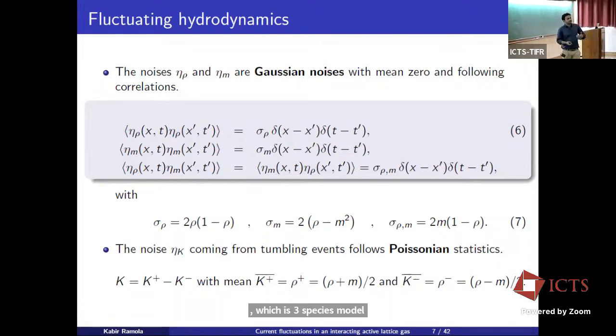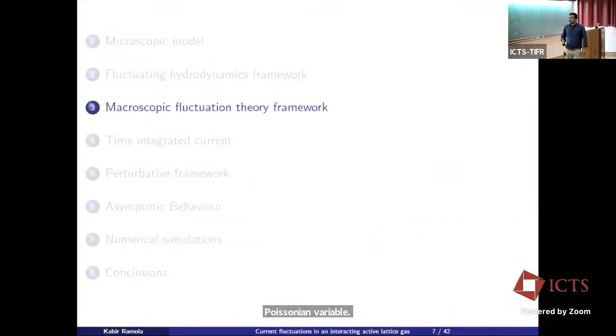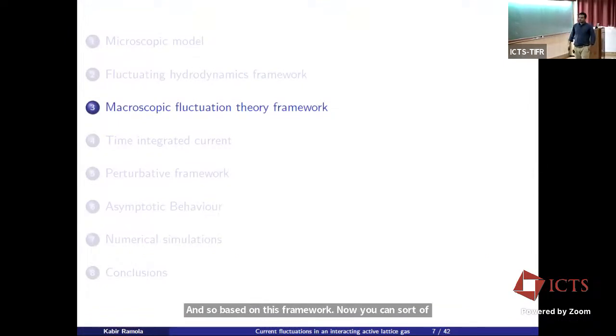Usually in fluctuating hydrodynamics, you will write some heuristic correlations for the different density and magnetization fields. In this case, you can actually write down these equation 7, which is the exact correlations between the noise. And similarly, for the magnetization field, you also have tumbling, which is the Poissonian variable. And so, based on this framework, now you can sort of try to build something known as macroscopic fluctuation theory.